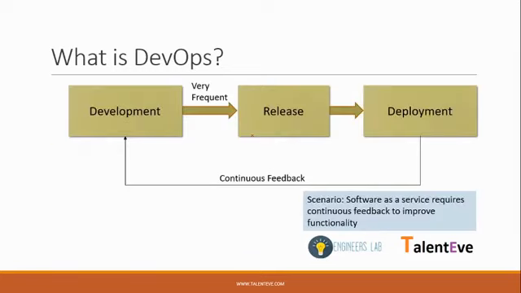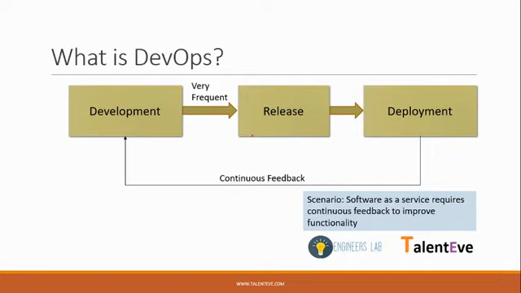Now, to put it in a flow manner, the development team in DevOps releases very frequently, and this will be used by the deployment team to test the things, and there is continuous feedback on the working of that, and they give the feedback to the development team.